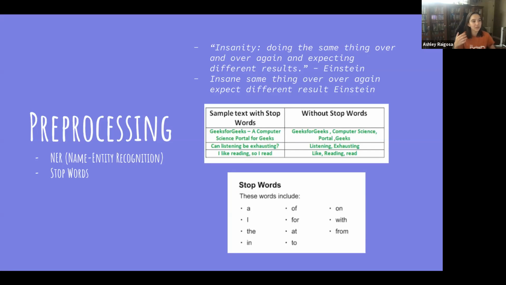And you can find these in different Python libraries that can recognize these as names and not actual words. So instead of trying to figure out what's geeks for geeks, that's not a word, it will recognize, oh, that's a YouTube channel, or oh, that's an organization, instead of getting really confused about it. Because if I had no knowledge whatsoever of what that is, it would become very confusing to decipher what the person just said to me.